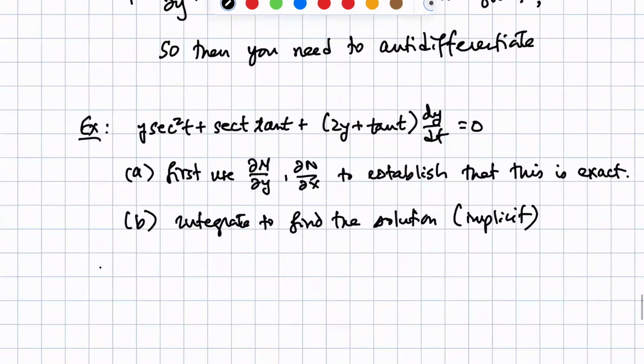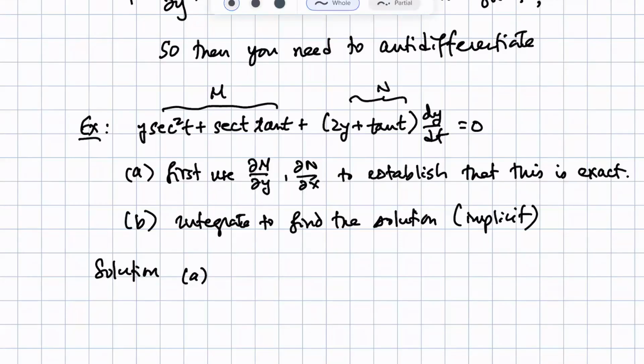So let's do A. Here's my M, and here's my N. And by the way, it's not dN/dx, it's dN/dt.